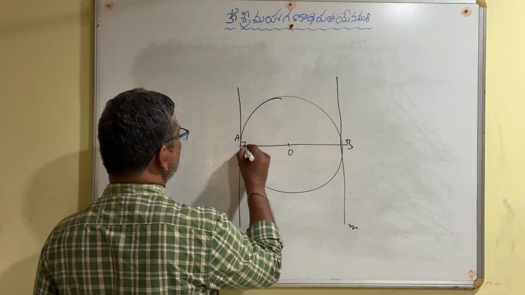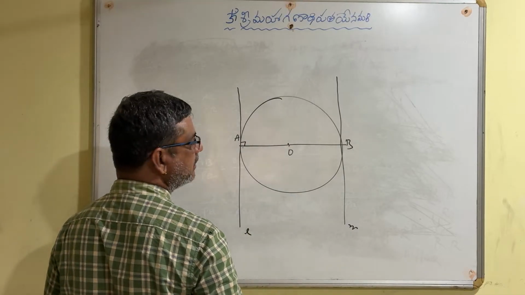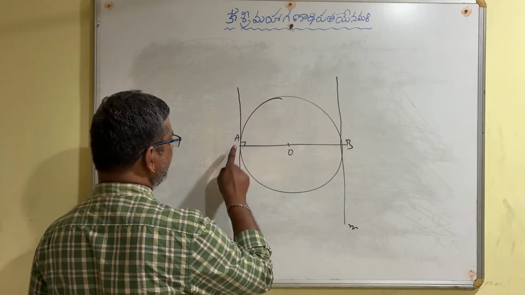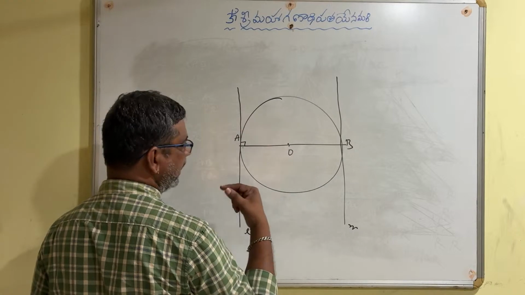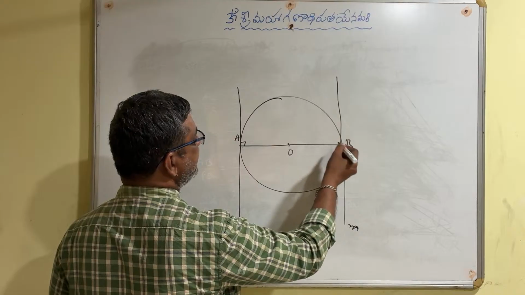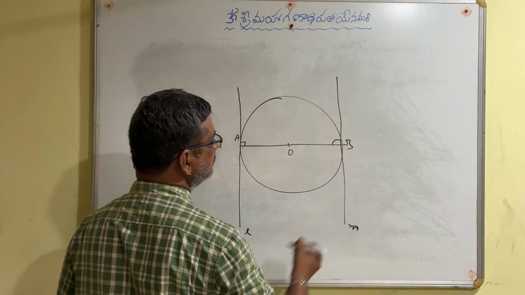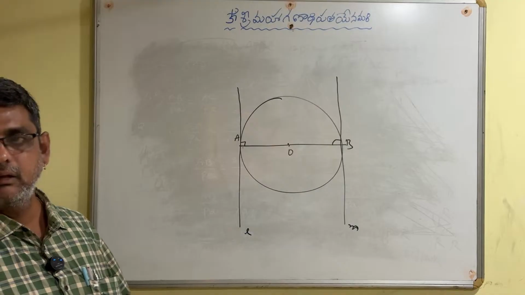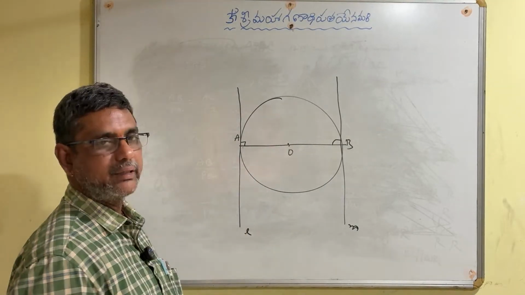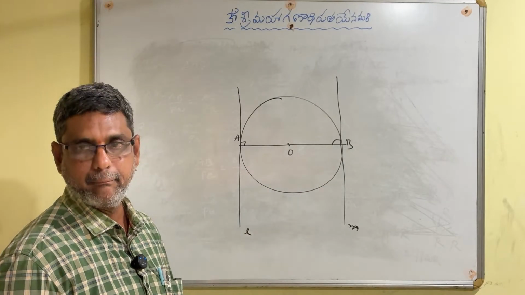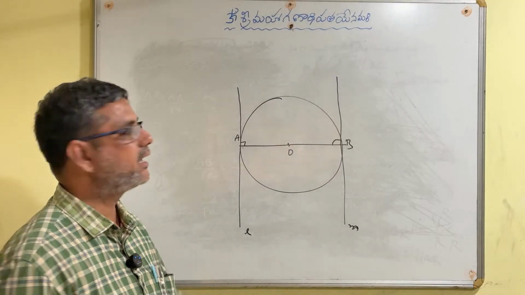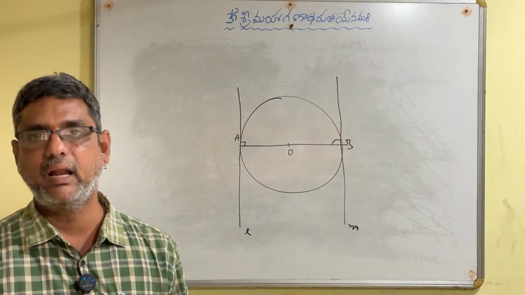We know that OA is perpendicular to the tangent L at A. L is tangent to the circle at A. That means OA is perpendicular to L. M is tangent to the circle at B. That means OB is perpendicular to M. Since OA is perpendicular to L and OB is perpendicular to M, if interior angles on the same side of the transversal are supplementary, then the lines are parallel.